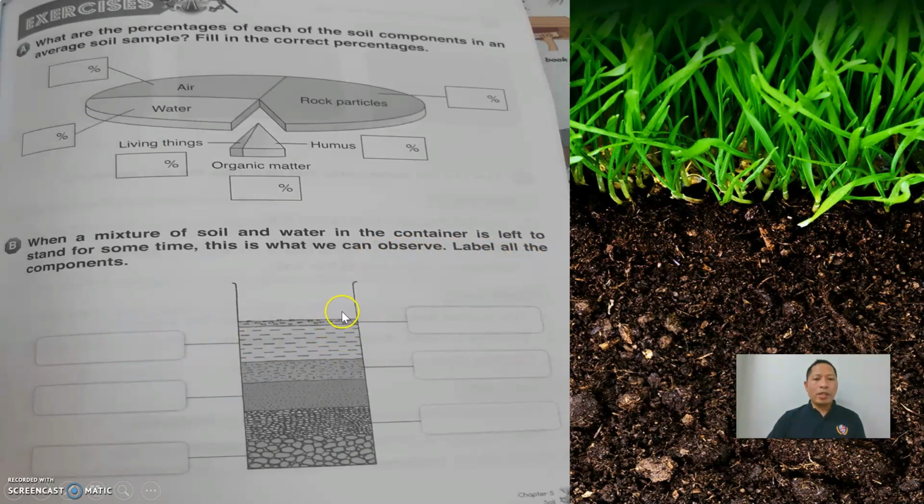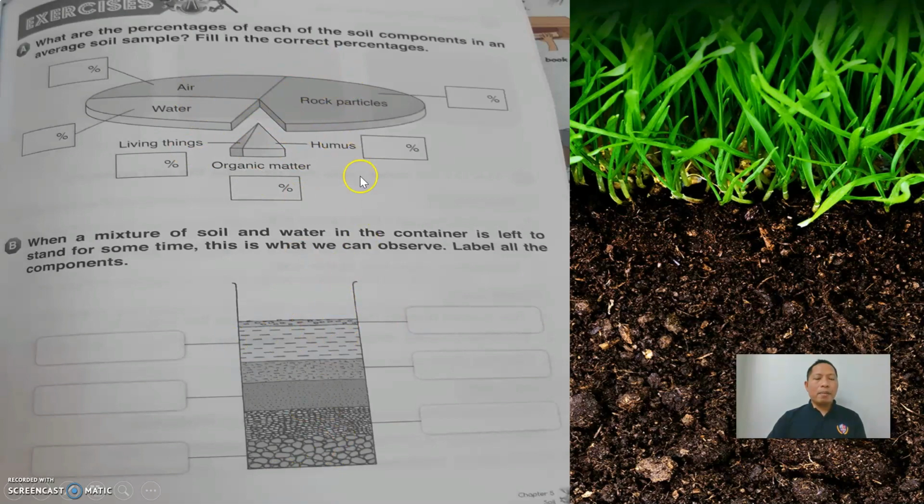So we all know that this is humus, and this one is solid rock. Oh, so you're going to answer here. Then after you answer, you are going to color the graph. This one, no color.